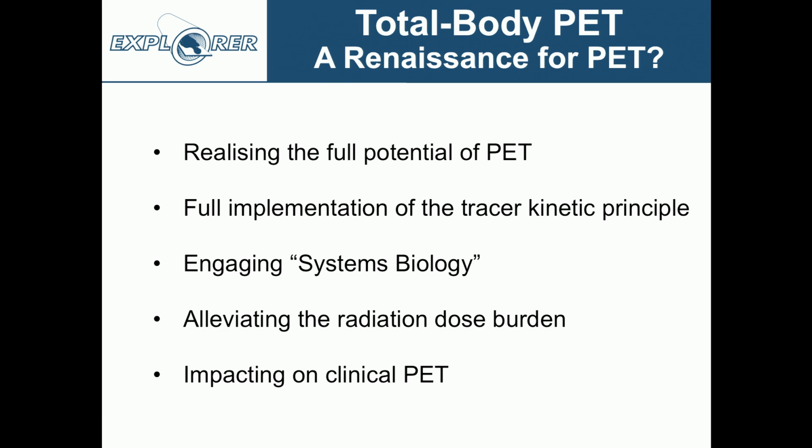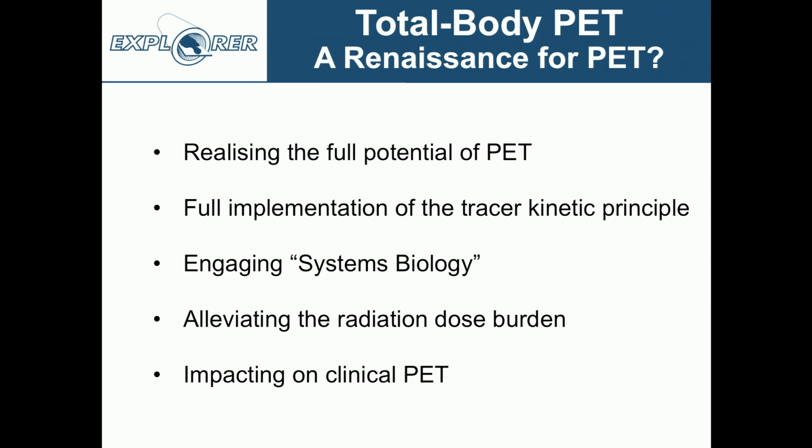So what we hope is that with this technology, with this huge increase in sensitivity, we can finally realize the full potential of PET in terms of its ability to detect really trace amounts of molecules and follow those throughout the body, where we can really bring back what has been a bit of a lost art in PET, the tracer kinetic principle and the mathematical modeling that goes with that, to really extract the most information out of a series of scans, engage the increasing awareness of systems biology and disease, the multi-organ, multi-systems approach to disease that's beginning to permeate modern medicine.